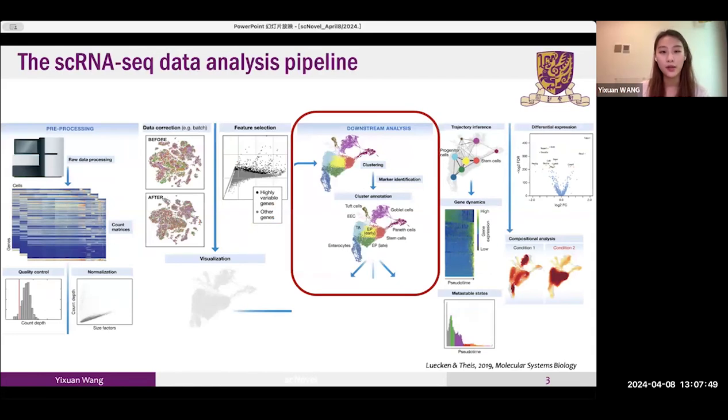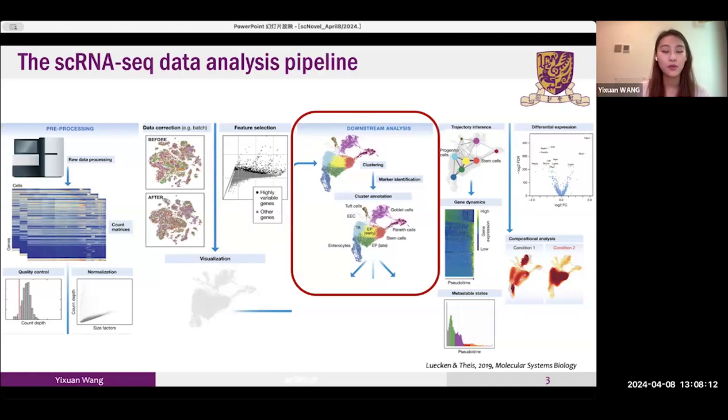The typical single-cell analysis pipeline usually includes pre-processing and downstream analysis, and the downstream analysis can be at the cell or gene level. Quality control, normalization, data correction, feature selection, and dimension reduction are quite commonly seen in the pre-processing step.